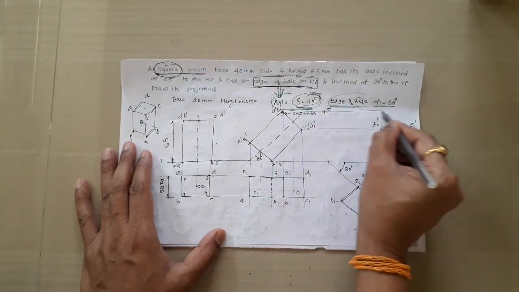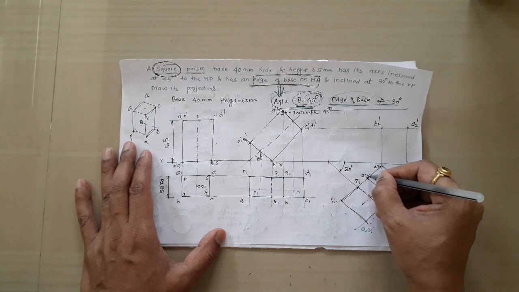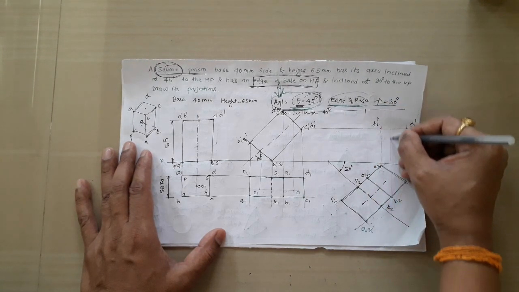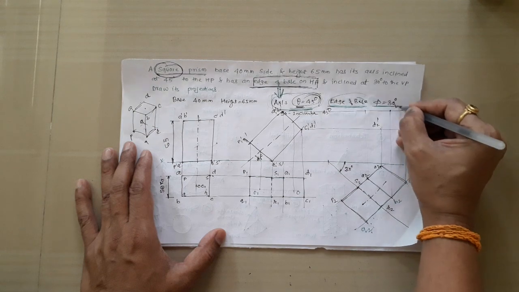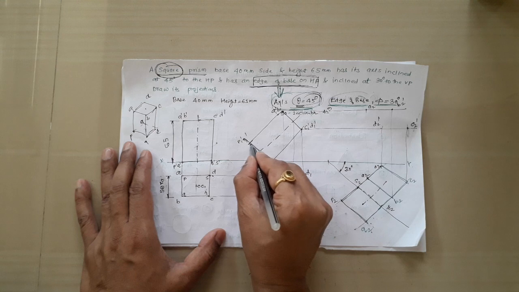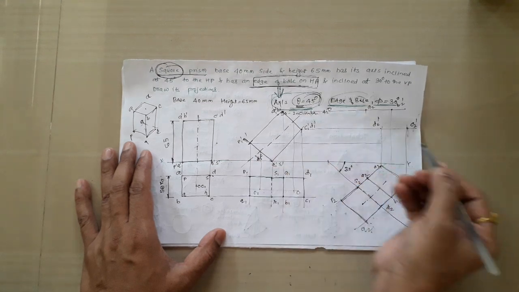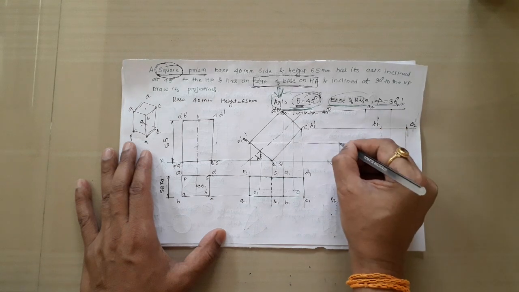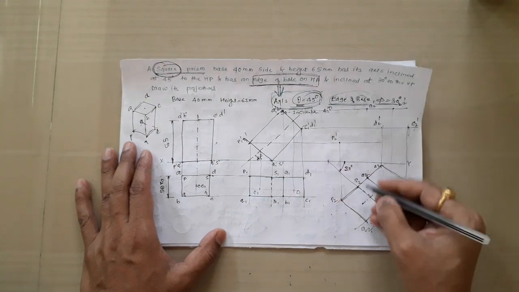Then this is for A and B. This is B2 dash, this is A2 dash. Then this is for P and Q. This is P2 dash.